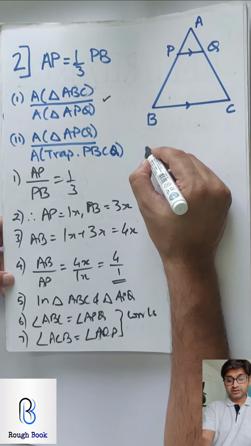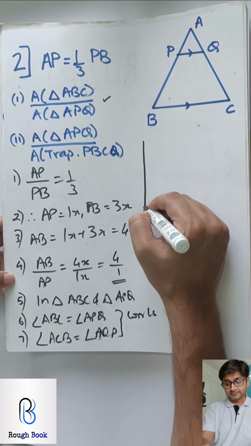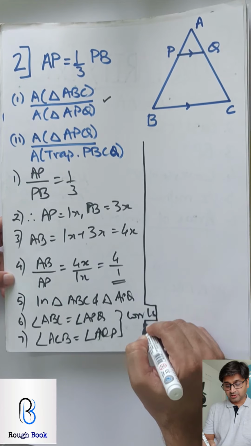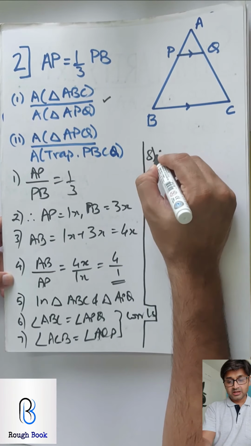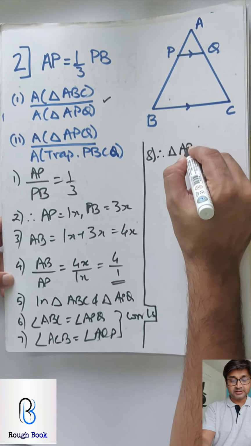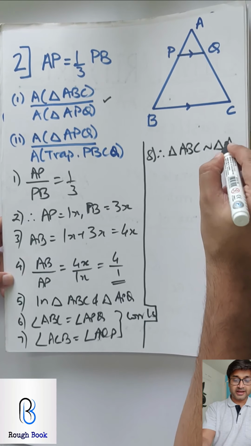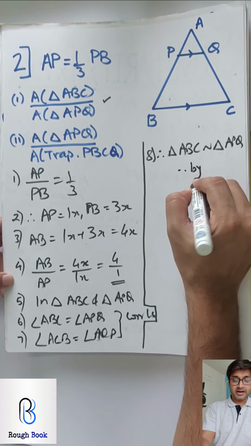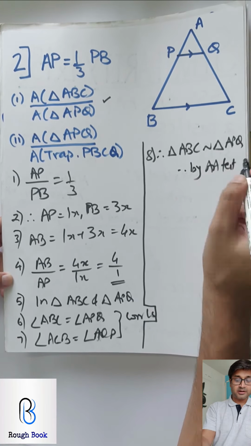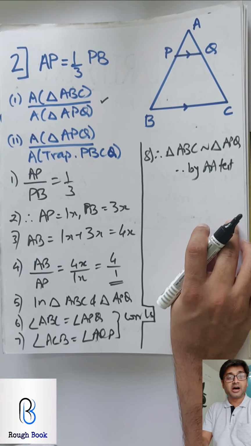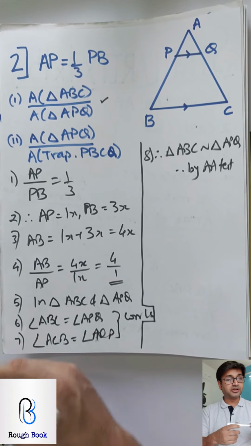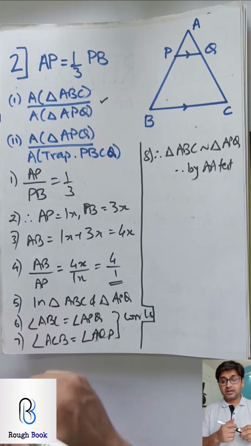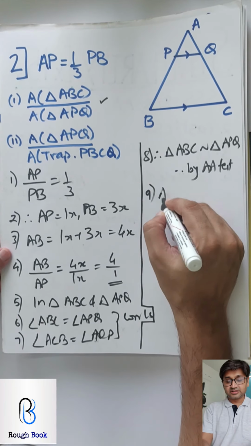Now that you have this, I can say the two triangles are similar. So triangle ABC is similar to triangle APQ by the AA test. Now that you have your triangles similar, you are half sorted. What you just need to do after this is use areas of similar triangles.